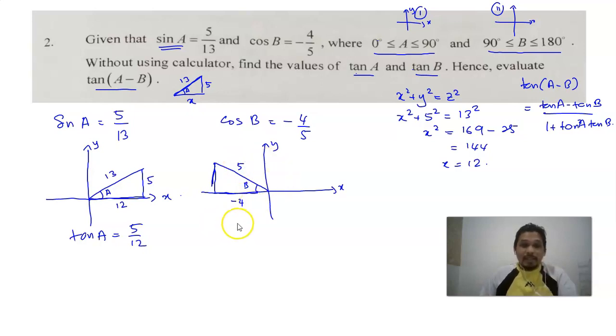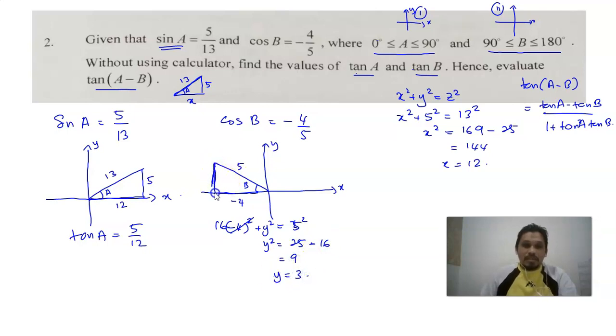And again, negative 4 squared plus y squared equal to 5 squared, where 5 squared is 25, minus negative 4 squared equal to 16, so 25 minus 16 equal to 9, then y equal to 3.